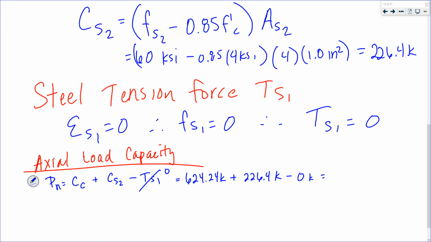So you should get 851 kips. Now leave a little space in there because we're going to come back and add in the phi later. This is pure capacity.